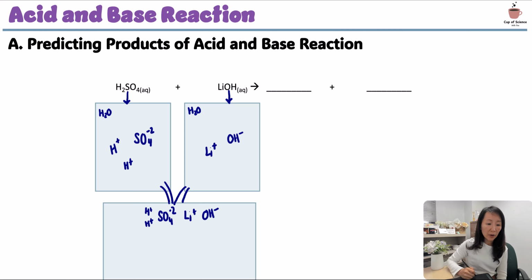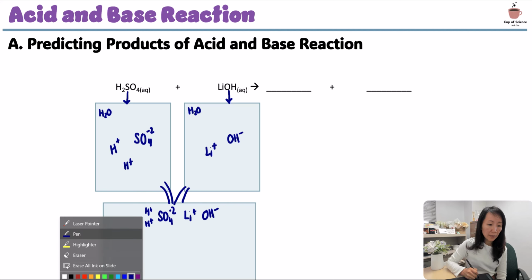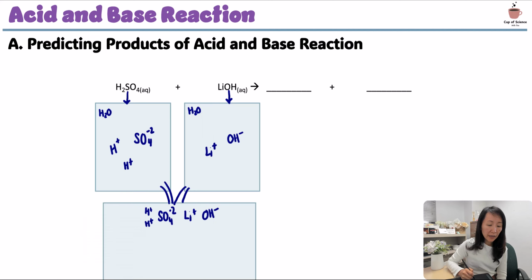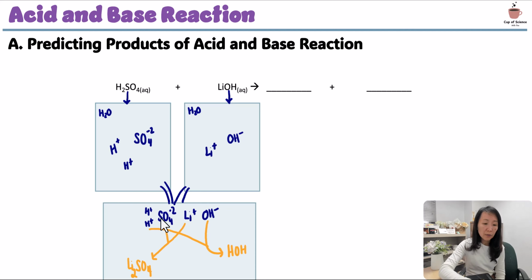So I'm going to go ahead and rewrite this. Let me get a different color, to indicate these two are coming together to form HOH. And these two, the leftover, will come together to form Li2SO4, since you need 2 lithium for every sulfate.